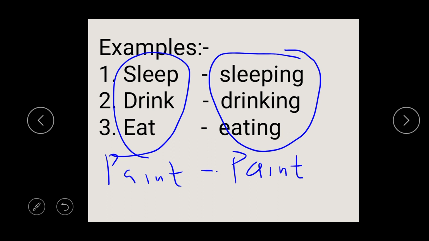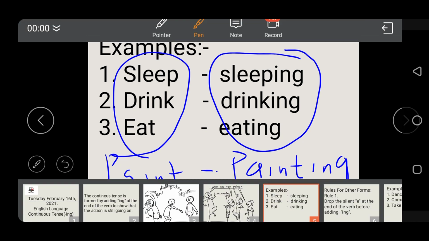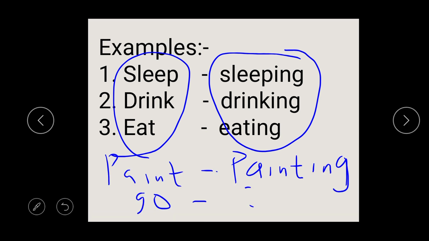Painting the book. Okay? You just add your ing. Like I said, for most verbs, we just add ing. Okay, go out of the kitchen. Okay, I am going. Going is a continuous tense. I am going. You write your go, then you put your ing.